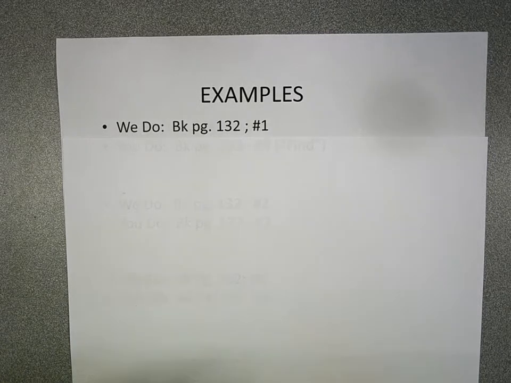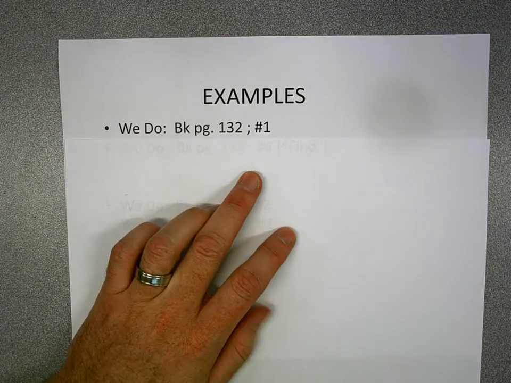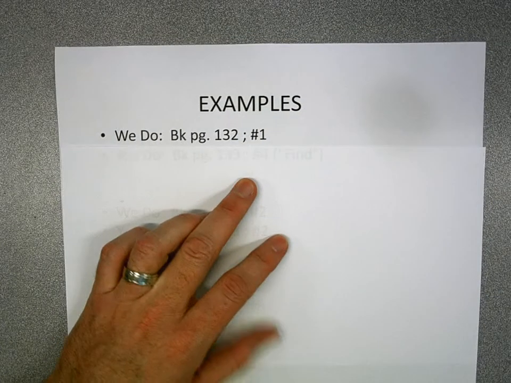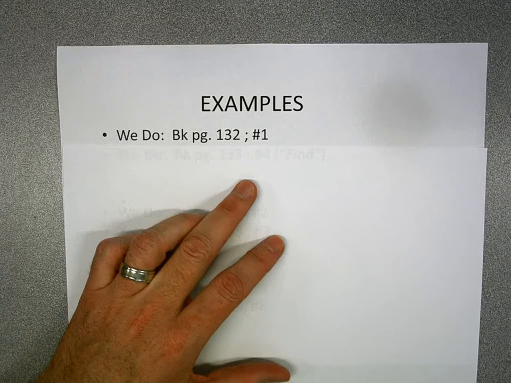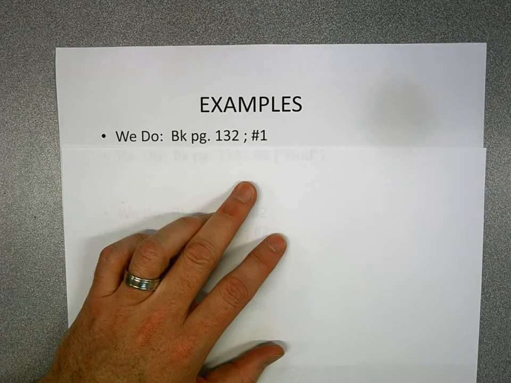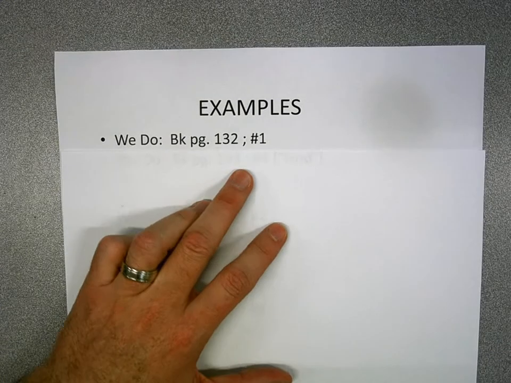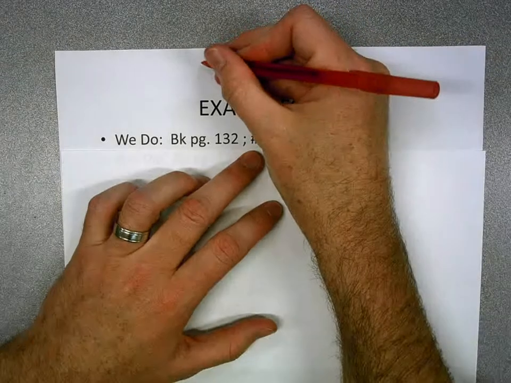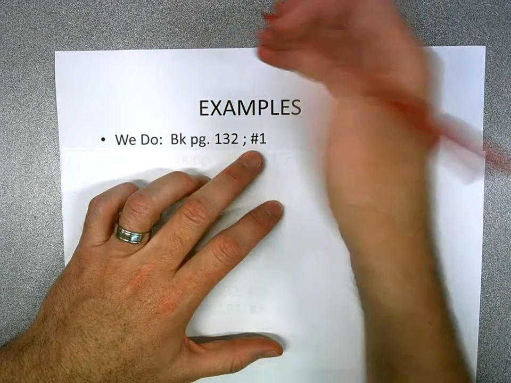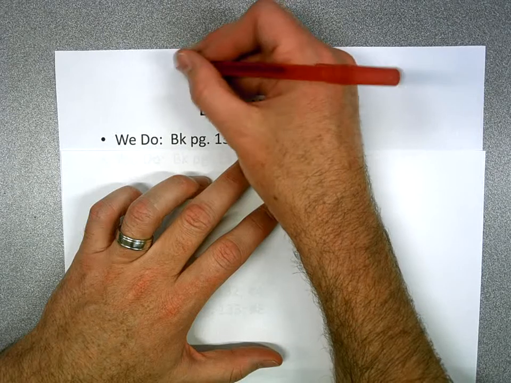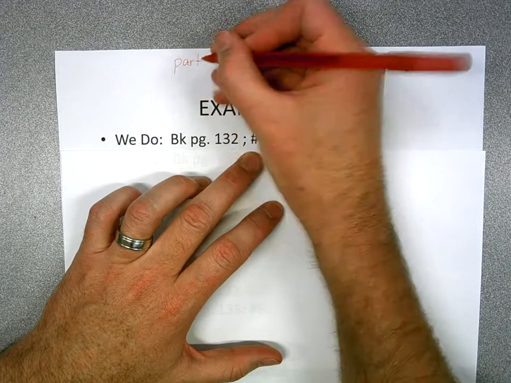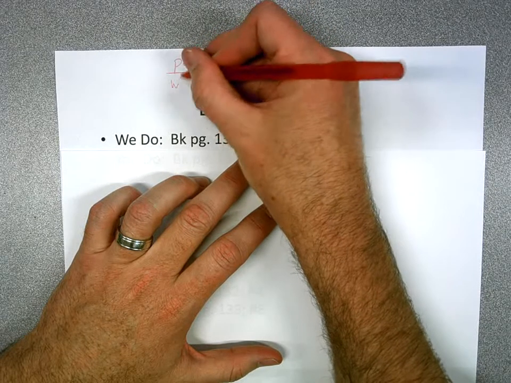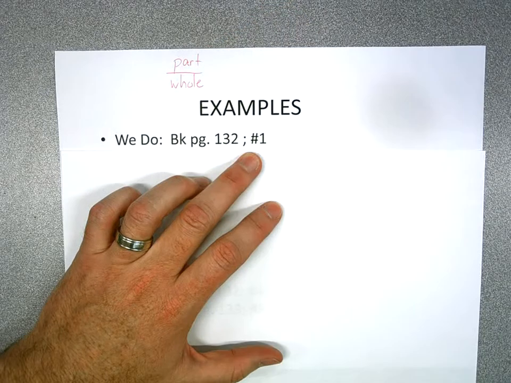It says, what number is 88% of 300? Now, I do want to give you a little reminder from yesterday. You don't have to write this down if you don't want. Remember, the percent proportion was part over whole is equal to percent over 100.